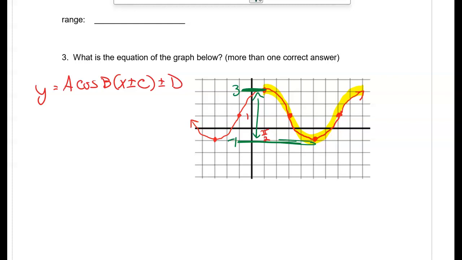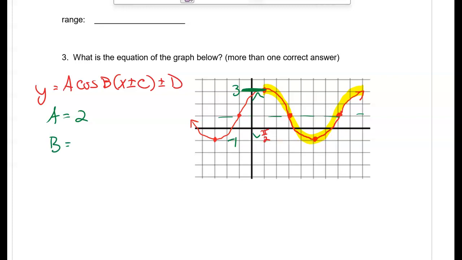Positive. We're going the positive on this one, right? Because the distance between my maximum and my minimum, or aka my range, is a distance of 4, but my amplitude is going to be what? Half of that, because you go up half and you go down half, right? When you're doing it. So you just told me A is 2. Guess what? It was going to be 2 if you did sine or cosine. Okay. Now, what's B going to be?